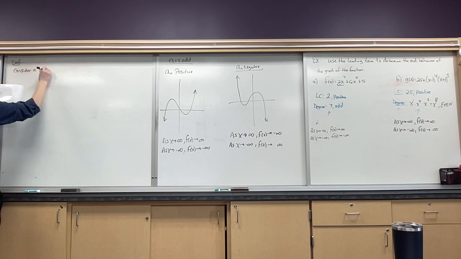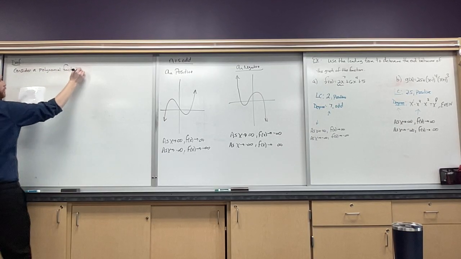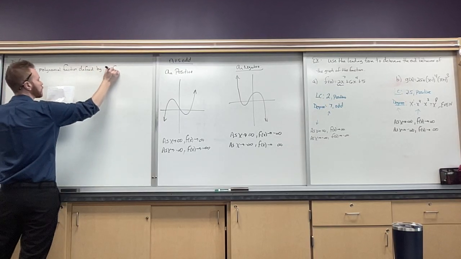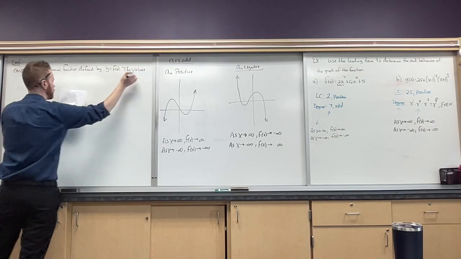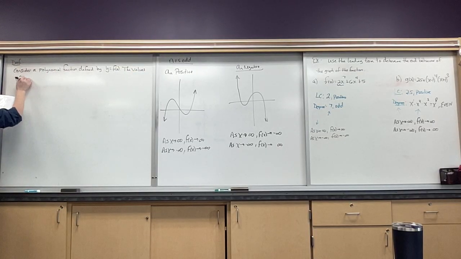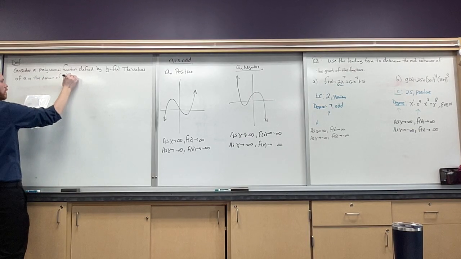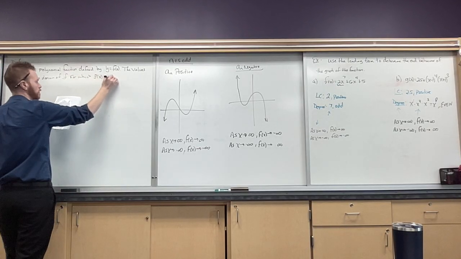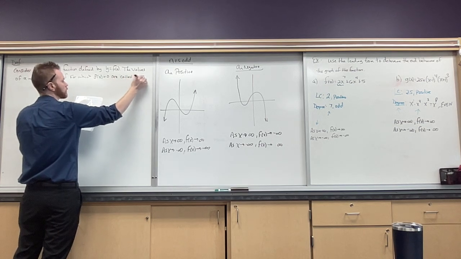Consider a polynomial function defined by y equals f of x. The values of x in the domain of f, for which f of x equals 0, are called zeros.